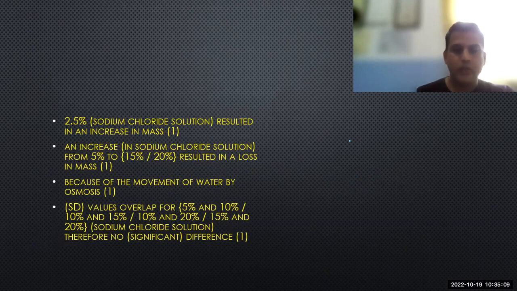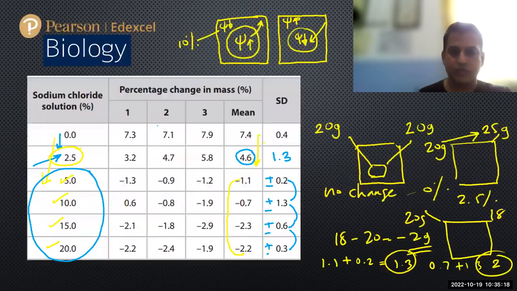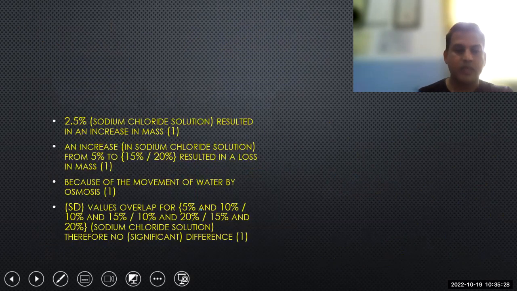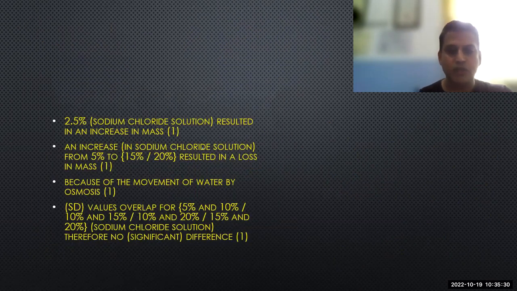Okay, so 2.5% sodium chloride solution resulted in an increase in mass. So we say in this data, the first one increased the mass, and for these it decreased. An increase in sodium chloride solution concentration from 5% to 15%, 20% resulted in a loss in mass.